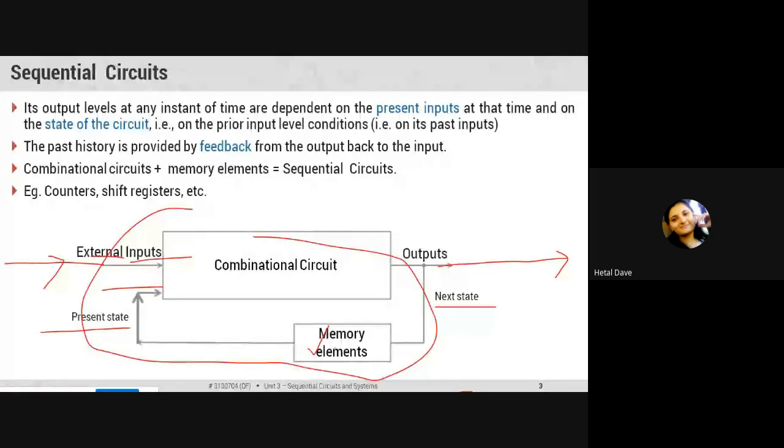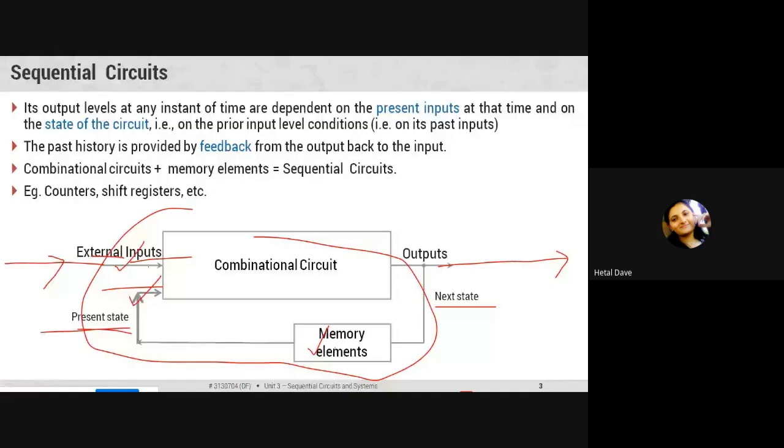You should try to remember that the present state is also an input. State is also a kind of input, but the name is called present state. So from next time onwards, we need to make a truth table every time with input, present state, and next state.